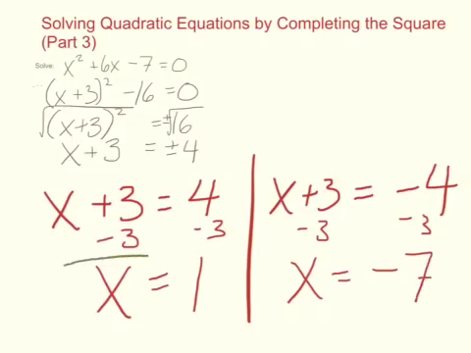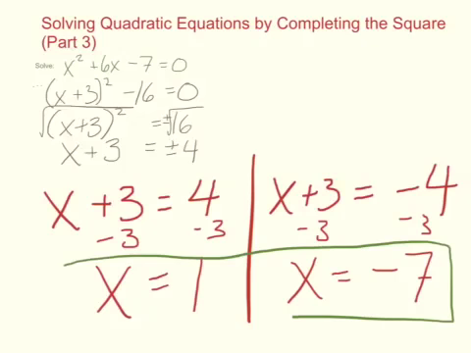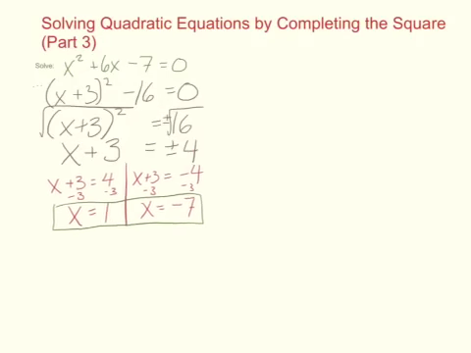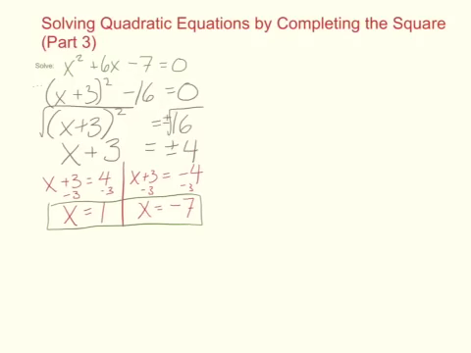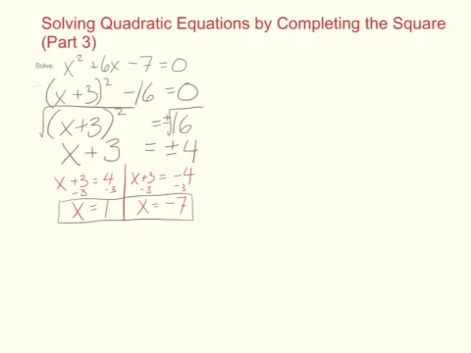So we have 2 answers to this equation, as we've seen in a lot of quadratic equations. If we wanted to check our work, we could substitute x equals 1 or x equals negative 7 back into the original equation. We can do that just thinking about it, or you could write it down.